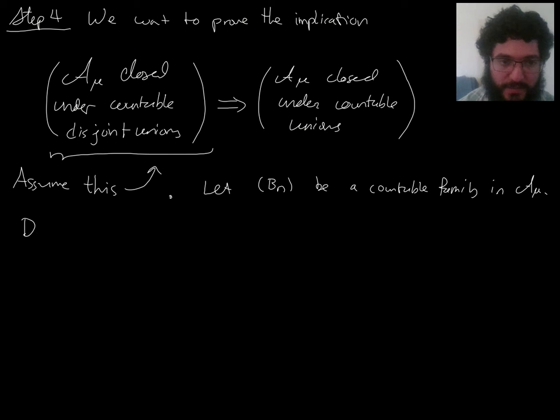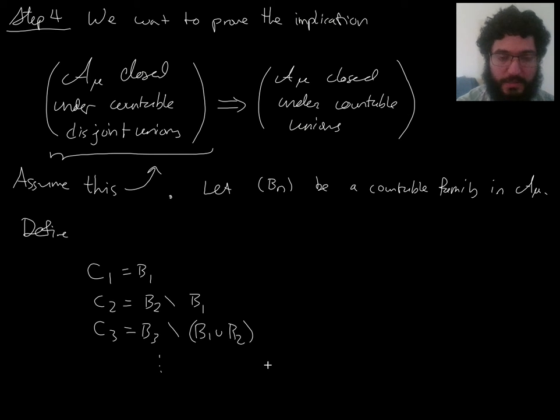So we're going to make C1 just be B1, and then C2 will be B2, but delete what we already got from B1, and then C3 will be B3, but then delete what we already got from the union of B1 and B2, and so on.